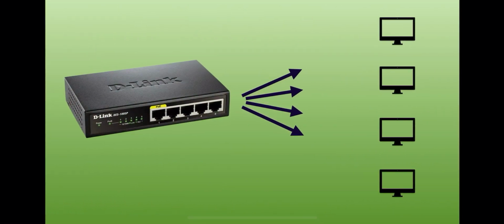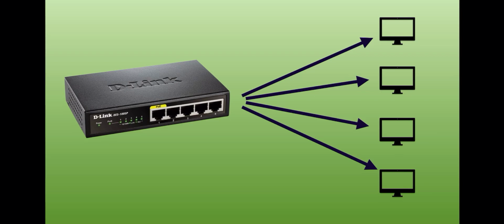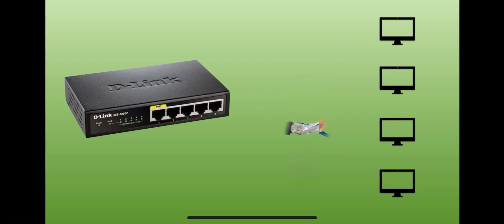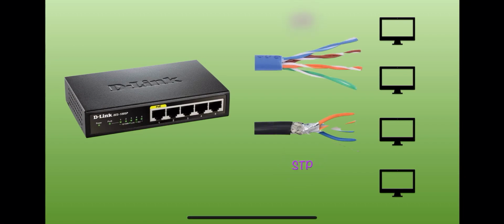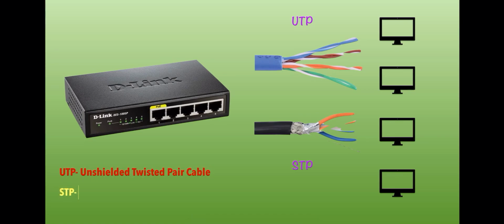A hub is a device that connects all the nodes of a network using twisted pair cables. Twisted pair cables are generally of two types: one is STP and the other is UTP. UTP is unshielded twisted pair cable and STP is shielded twisted pair cable.